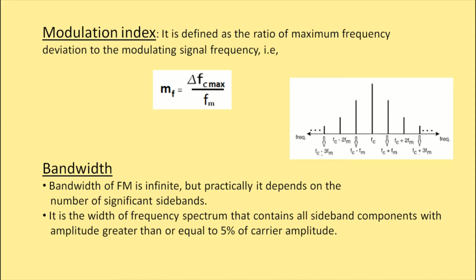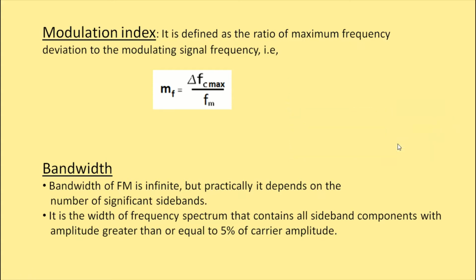This is the frequency spectrum diagram. If you observe here, say for example, if I consider there are two significant sidebands, then the frequency spectrum will be from this particular frequency to this particular frequency. So the total bandwidth will be nothing but equal to 4 FM.